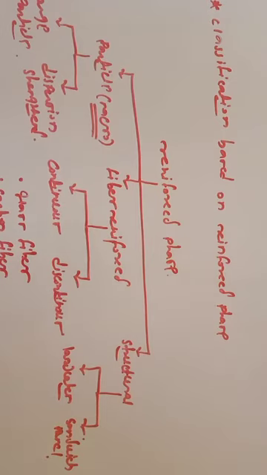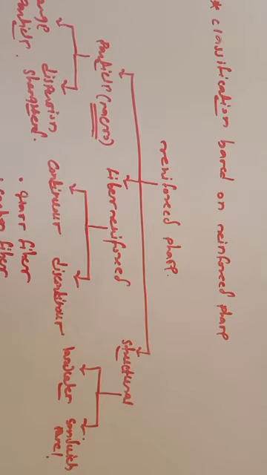So this classification is based on the reinforced phase. We already discussed the classification based on the matrix material: polymer matrix composite, metal matrix, ceramic matrix, carbon and graphite. Similarly, for the reinforced phase, the first one is particle, which has large particles as well as dispersion strengthened particles.